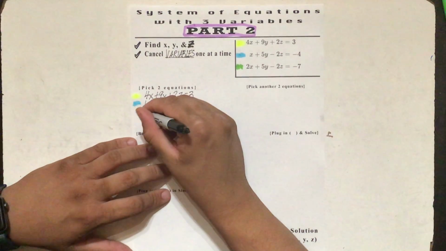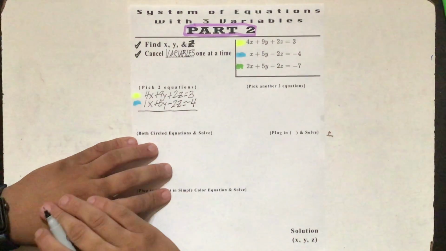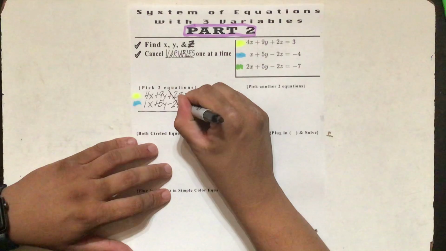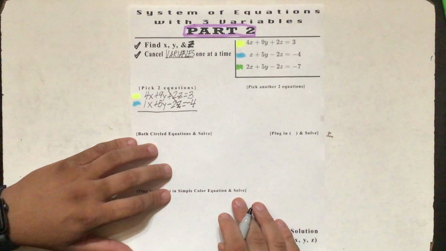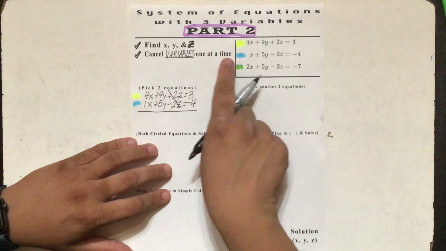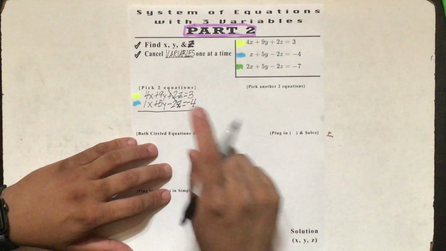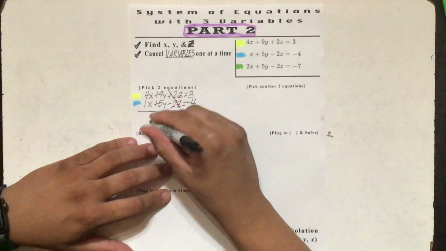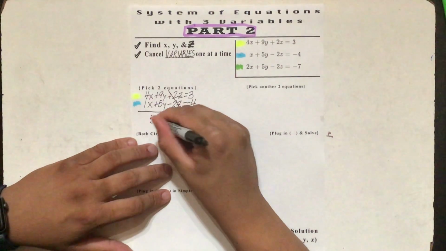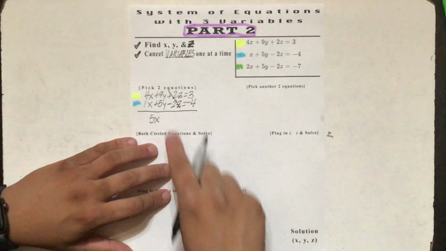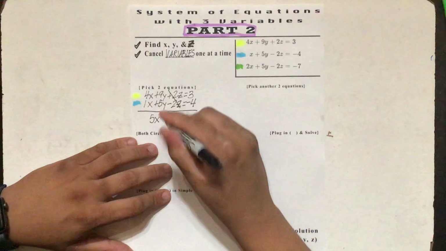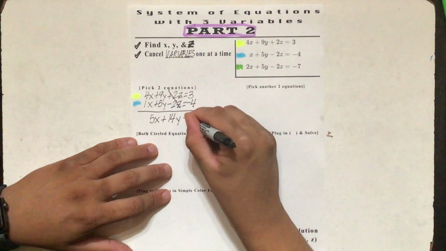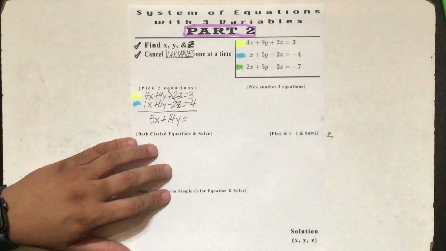Now I'm going to combine these two equations. So positive 2z and negative 2z cancel out. Perfect. That's what I wanted, right? I'm canceling variables one at a time. So I cancel z first. So let's do the x's here. 4x and 1x is 5x. 9y plus 5y is positive 14y is equal to a positive 3 and a negative 4.